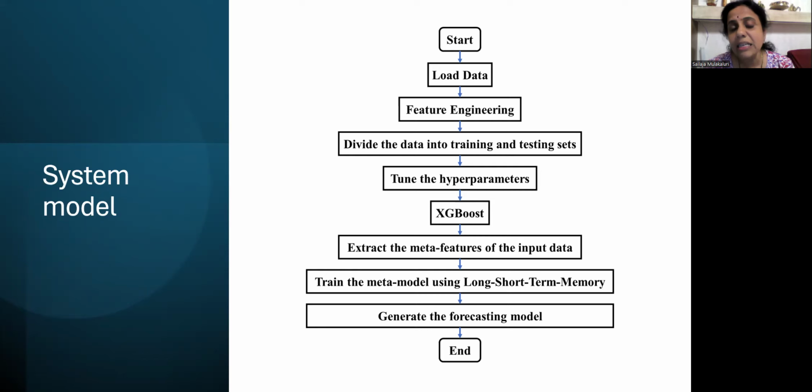Then the data set is divided into training and testing sets. Once this phase is done, the fine-tuning of the hyperparameters is done. Then XGBoost is applied. Once XGBoost is applied, the extract and meta features of the input data are extracted.